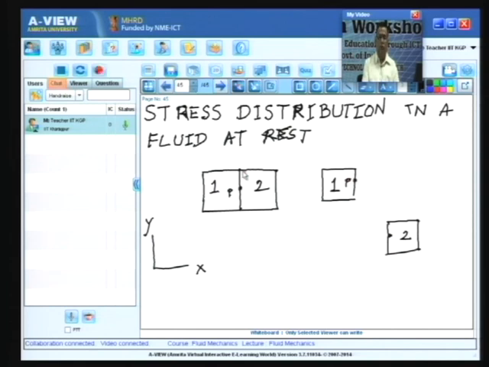What we have done is we have an imaginary plane here which is dividing this rectangular element into two halves. Now, let us say the net force exerted by 2 on 1 through this surface is in this direction.